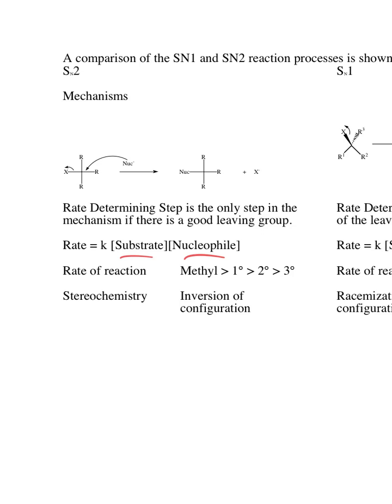If you double them both, you quadruple the rate of the reaction. Okay, the reaction rate, methyl is the fastest. The tertiary is not going to happen in an SN2. And the stereochemistry, it undergoes an inversion of configuration if there is a stereocenter because it is a direct displacement. Nucleophile comes in from the backside, leaving group leaves all at once.